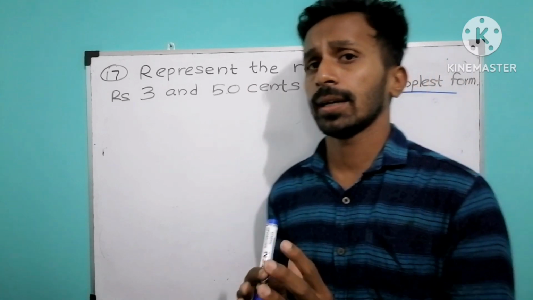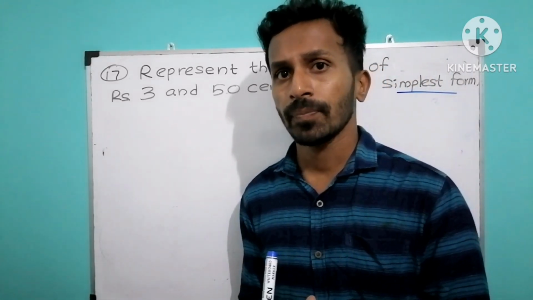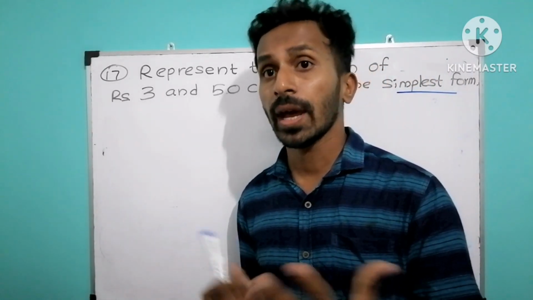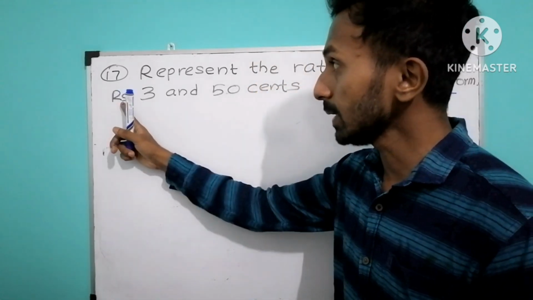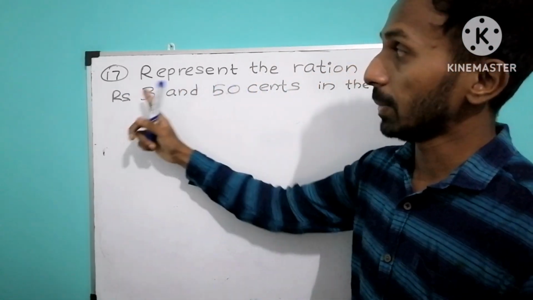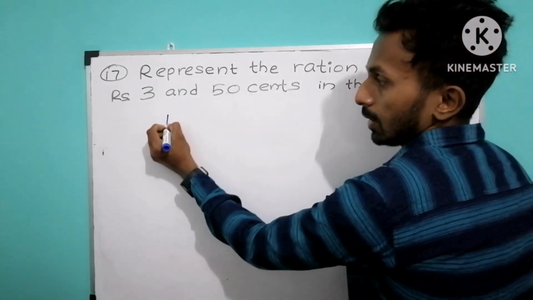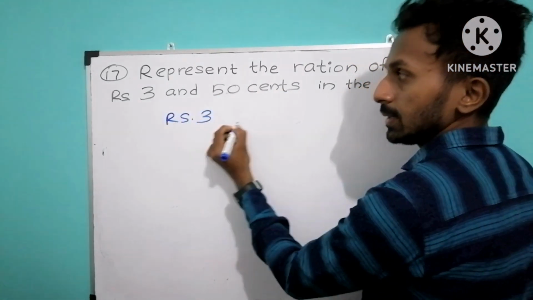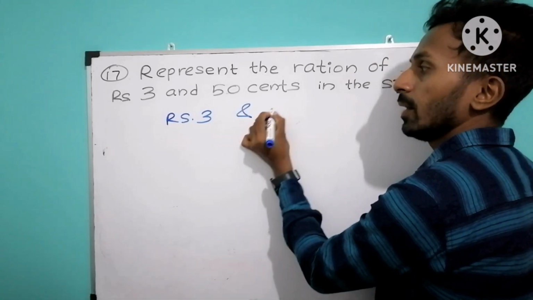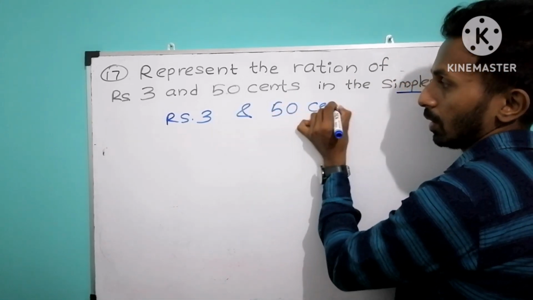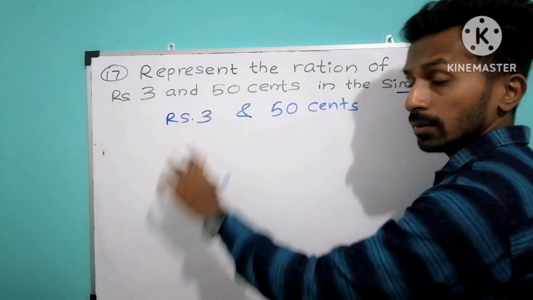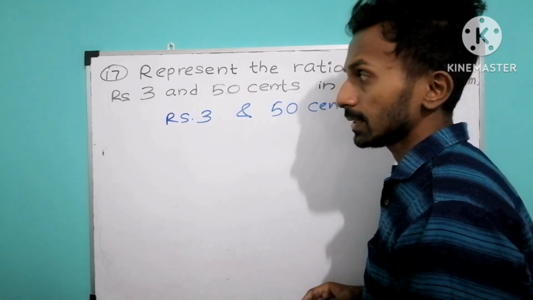When we write a ratio, we must consider their units. Here rupees and here cents. 3 rupees and 50 cents. The units are different from each other.